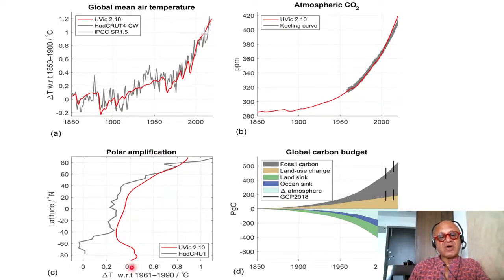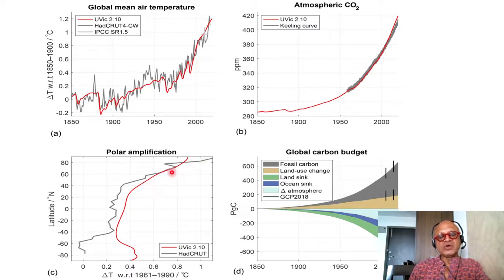You can see that the model has significant differences in temperatures at the surface, but does the structure with latitude fairly well. So this is something that has to be looked at in terms of tropical warming versus high latitude warming.